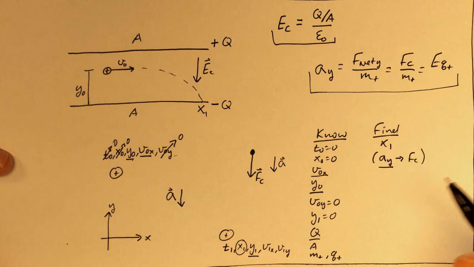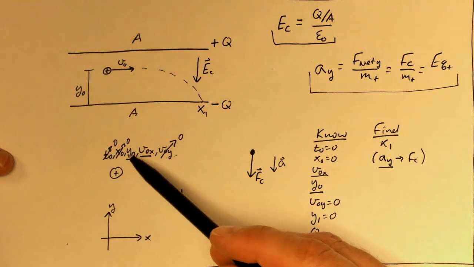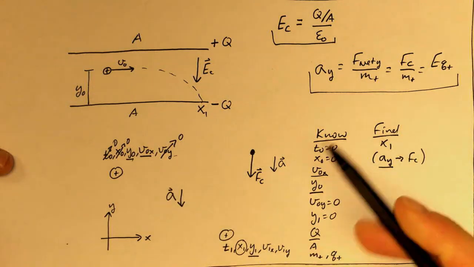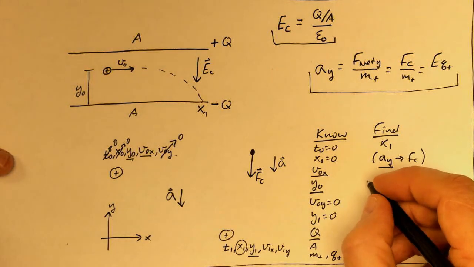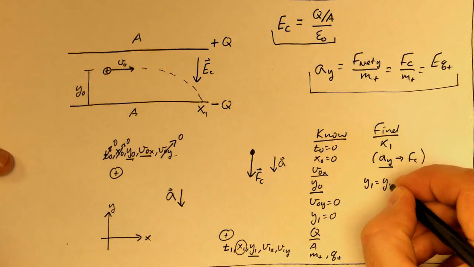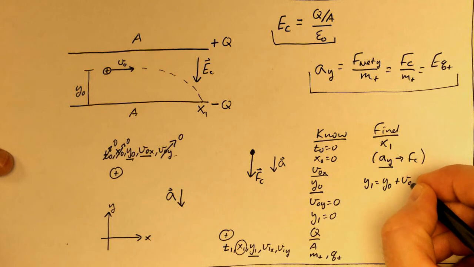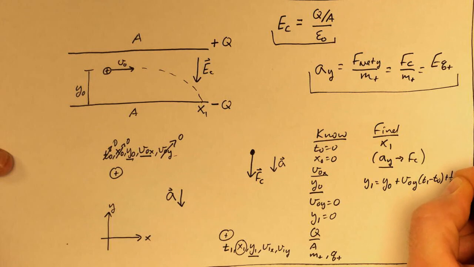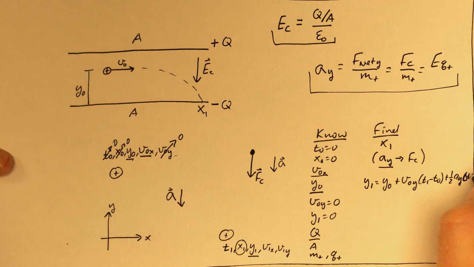Well, let's see, what do we have? I know about my y positions. I know the initial y position and the lower y position. So if I look at the y, I could say that y1 equals y0 plus v0y times (t1 minus t0) plus 1/2 ay, and I'm running out of room, so I'm going to put delta t squared. My delta t is just t1, because t0 is 0.